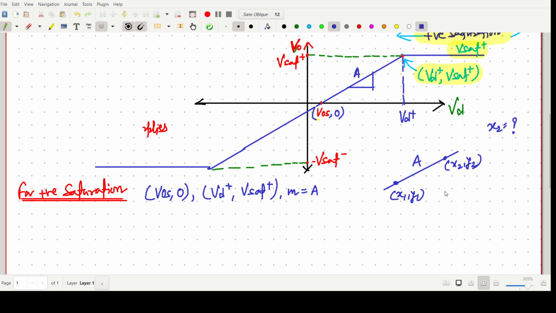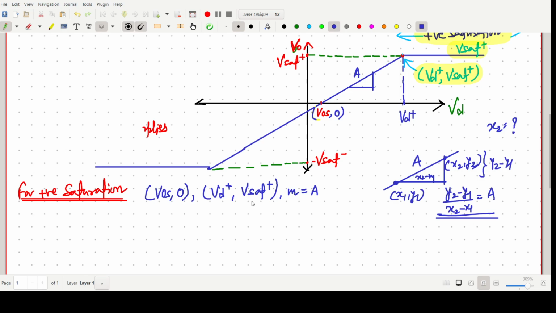We write the straight line equation: y2 minus y1 by x2 minus x1 equals A, the slope. This is the fundamental concept, so we have to apply that same concept here.